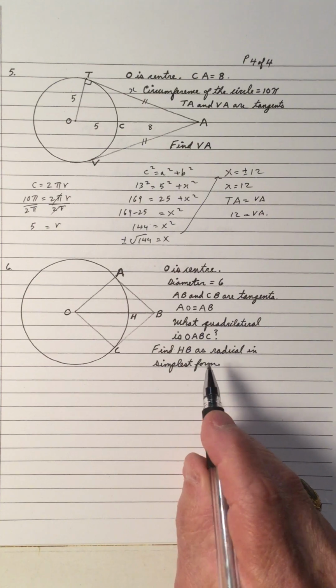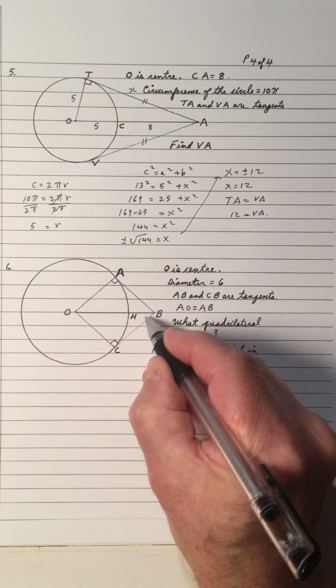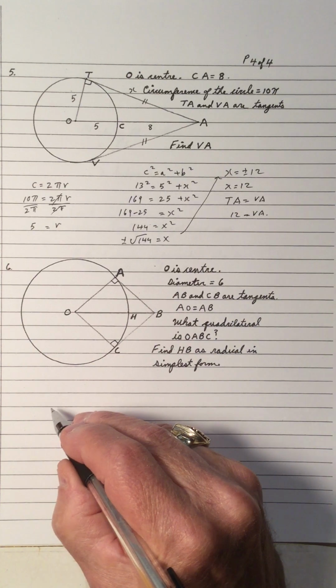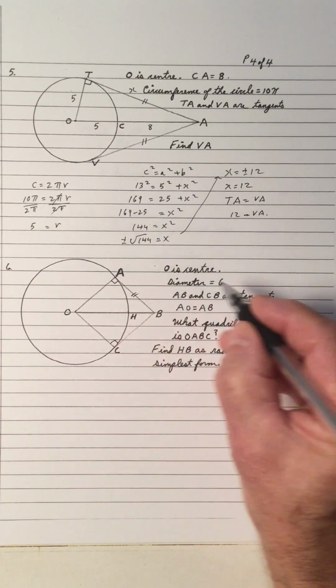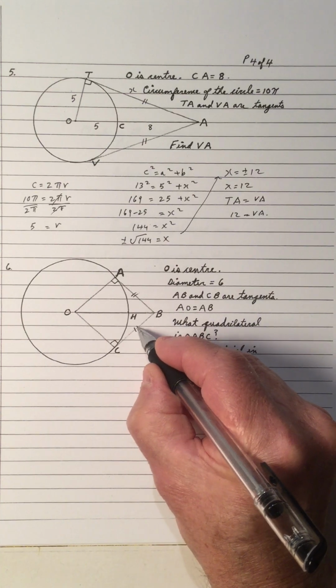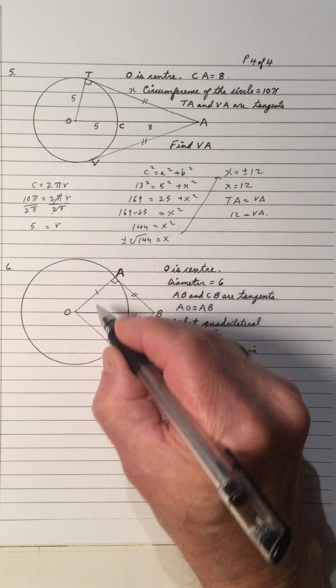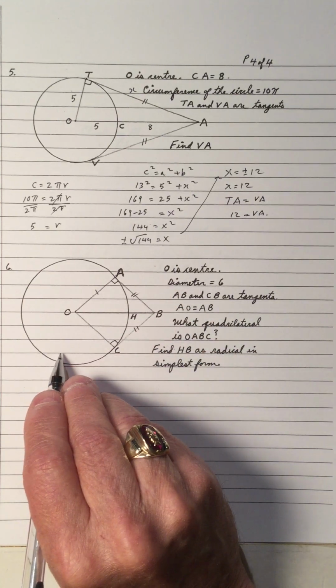Well, let's see what we have. We have tangents, so we have a 90 and a 90, because a tangent and a radius at the point of tangency form a 90-degree angle. And these are two tangents from a common point, so these two tangents are equal. It says that OA, or AO, is equal to AB.